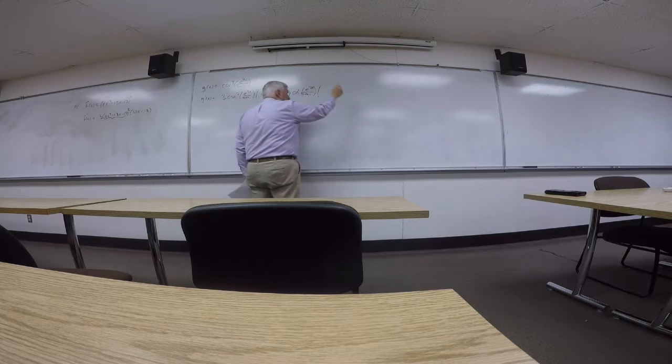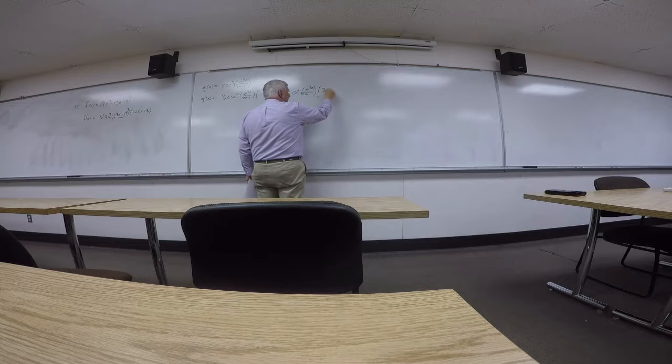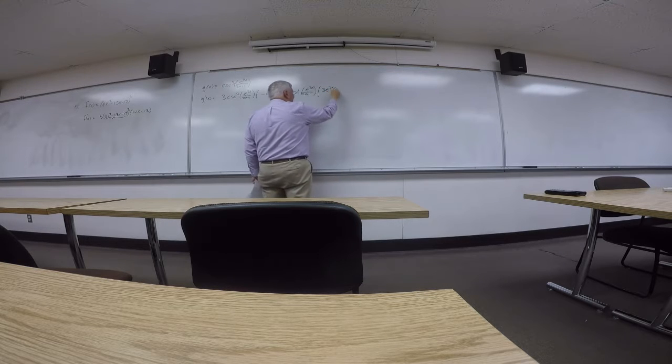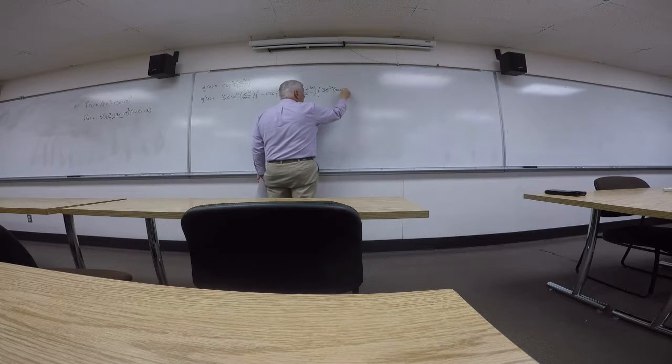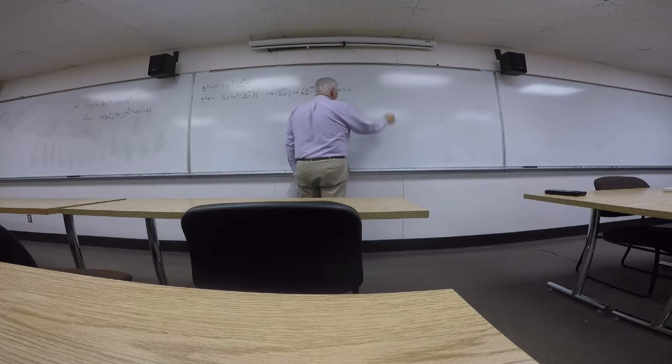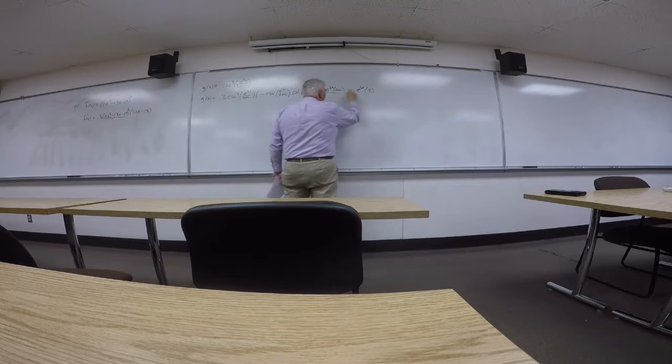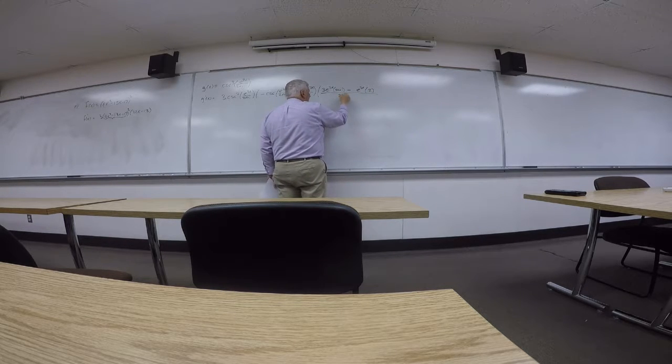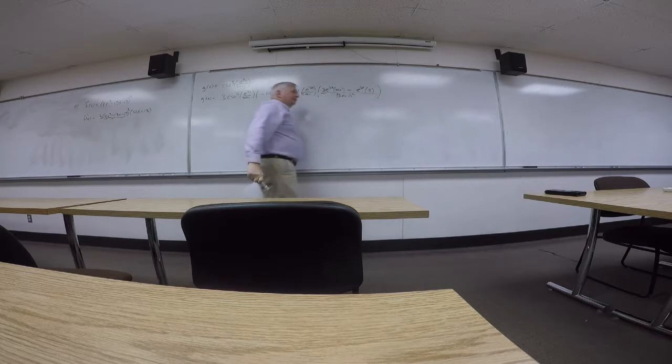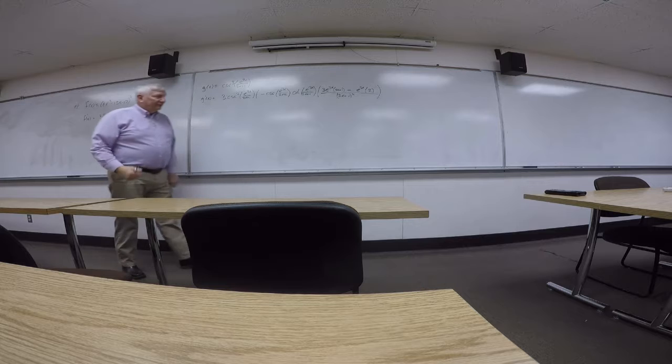Derivative of the numerator is 3e to the 3x times the denominator, 2x plus 1. Subtract the numerator, e to the 3x, times derivative of the denominator, 2, over the square of the denominator. So there we've taken the derivative.